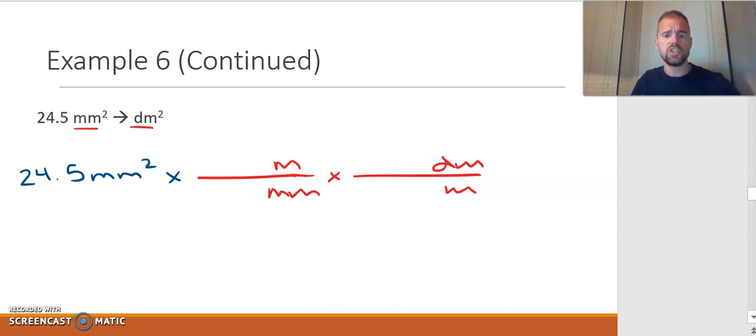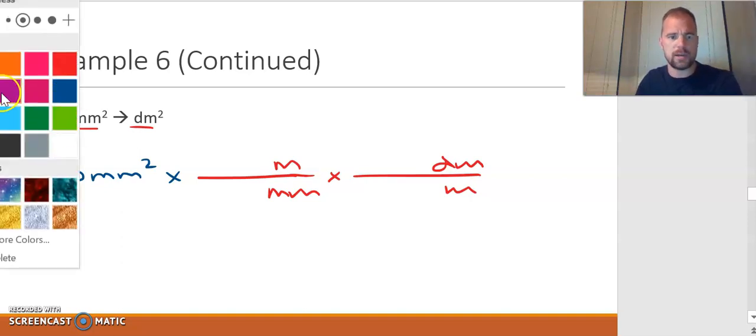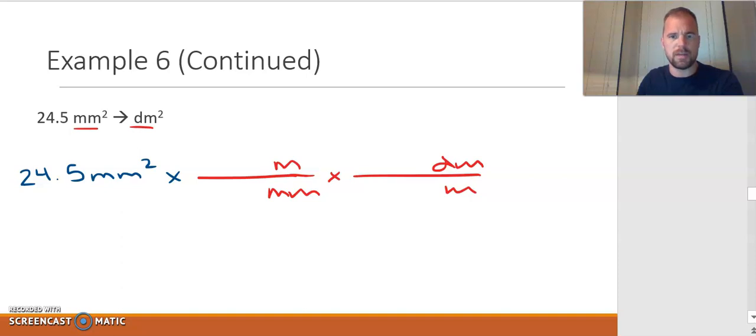All right, let's write down what would make these two equivalent to each other. I'm going to write them so that all my numbers are not written with a negative exponent. What I mean by that is, when I'm looking at meters compared to millimeters, the meter is larger, right? So for 1 meter, I'm going to ask myself, how many tiny millimeters are in 1 meter?